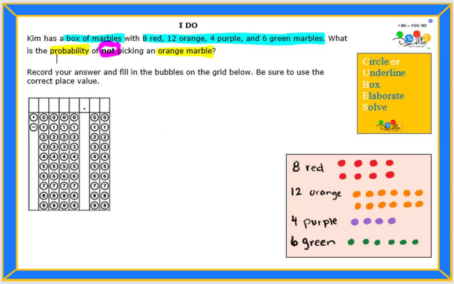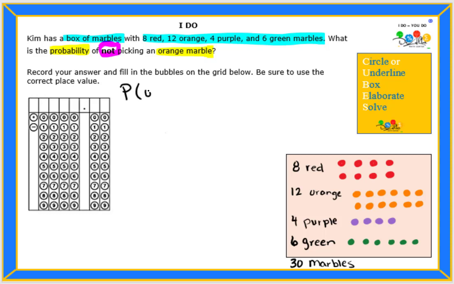So we have a total of 30 marbles. And we can count the dots, the dots that represent each marble, and there should be 30. So now, let's find the probability of getting an orange marble.